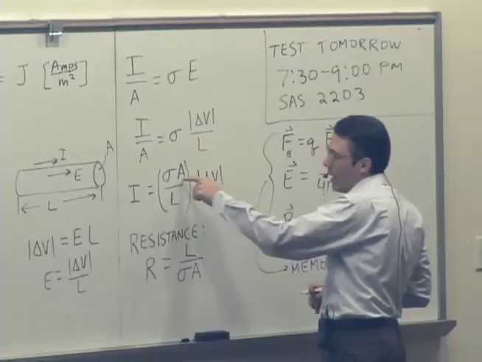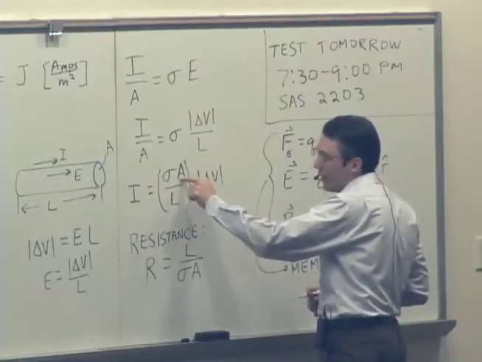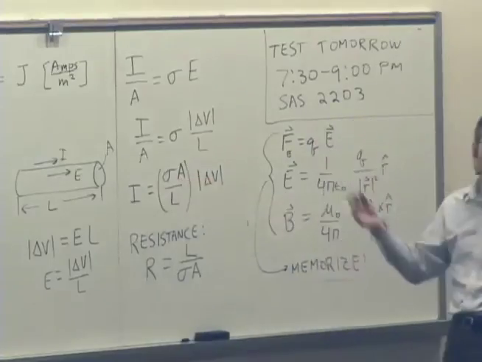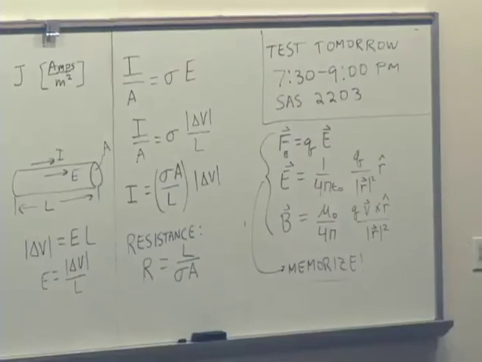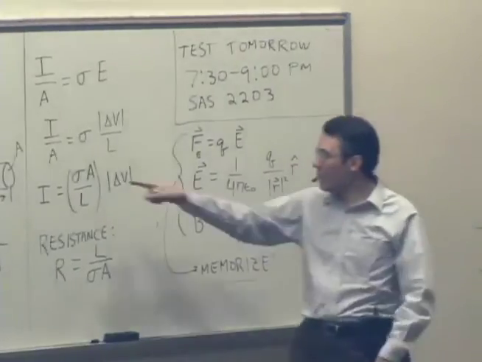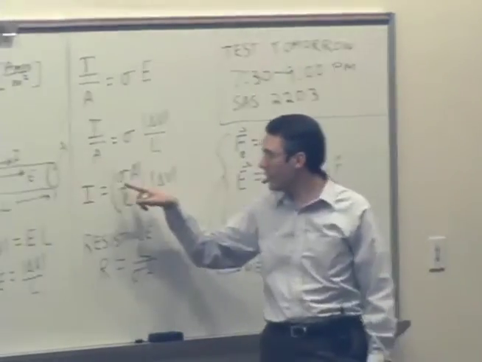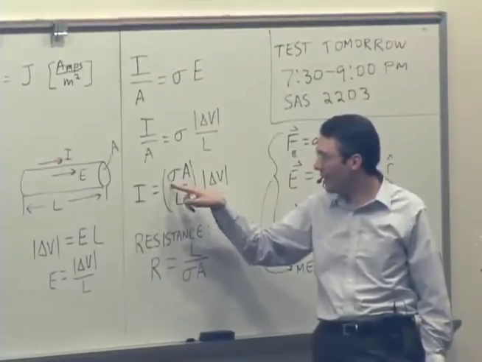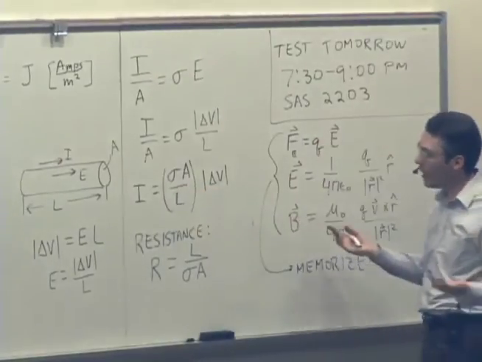If I make the wire thicker, if I have a fatter wire, I'm going to get more current, given the same potential difference. If I have the same shape of an object, but something with a higher conductivity, I get more current.